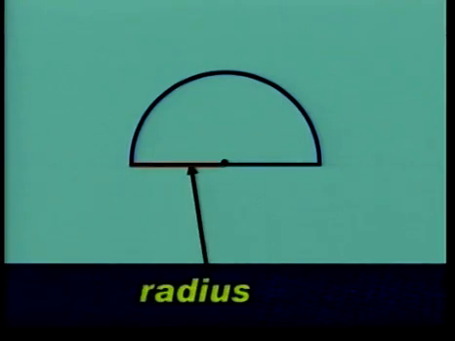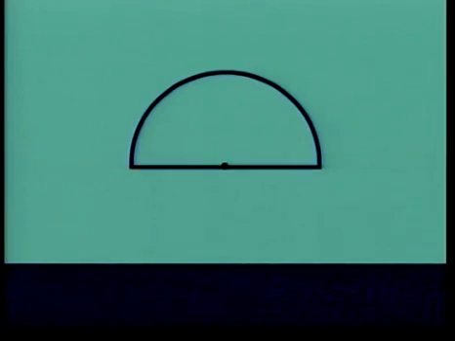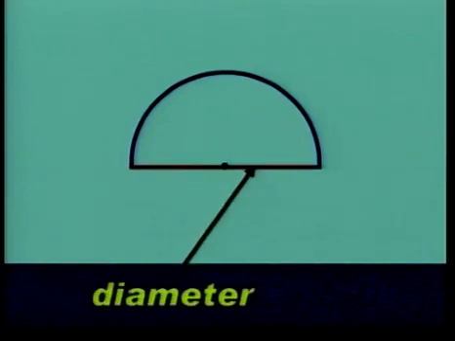Radius, the distance from the center to the circumference, and the diameter is a chord that passes through the center of the circle.